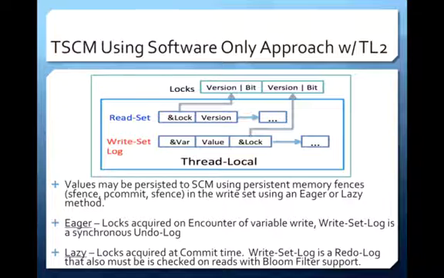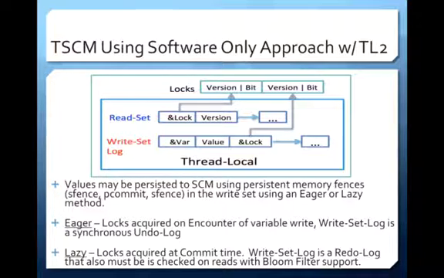Or we can use a software-based approach. In this approach, I modified transactional locking, and I did so in 2 ways. Transactional locking creates a write set, so when variables are encountered, they're added to the write set, and it periodically revalidates the read set.